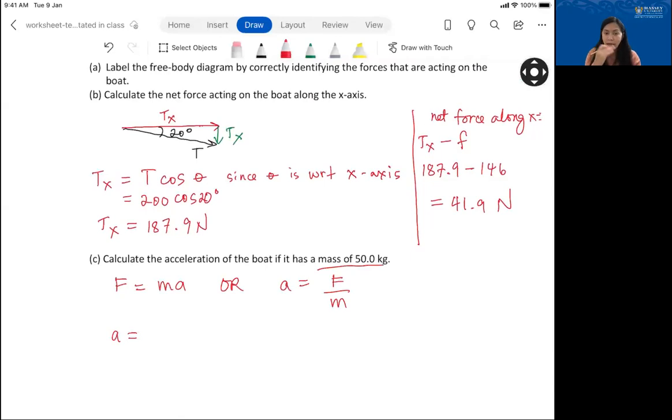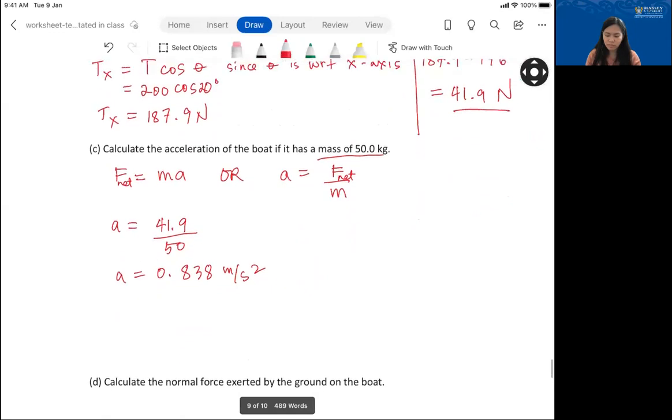So along the x-axis, you have a net force of 41.9 newtons, which we solved earlier, divided by the mass, which is 50 kgs. That gives you an acceleration of 0.838 meters per second squared.